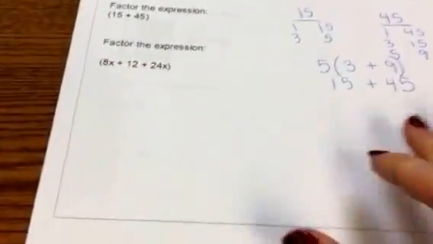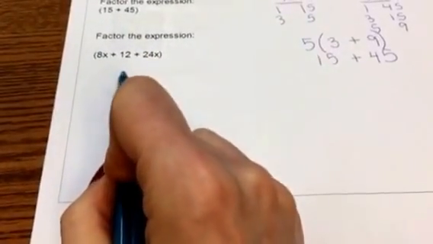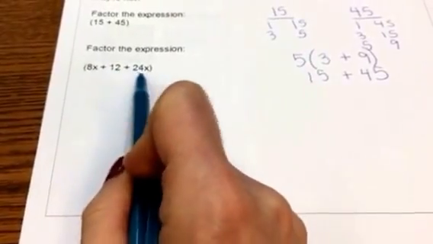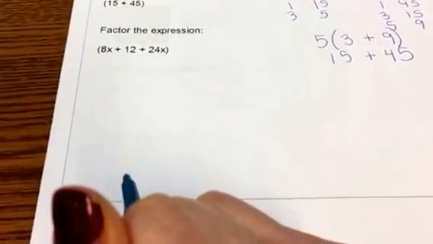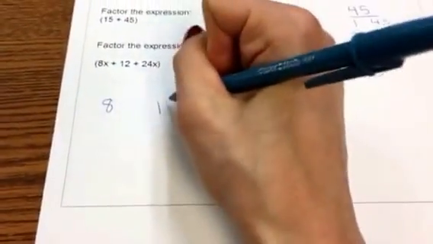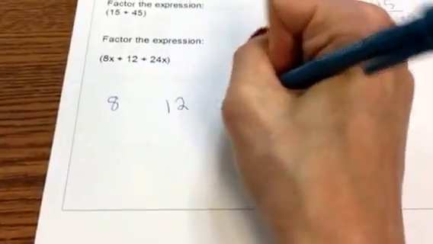Okay. Now my expression is a little bit more complicated. I have 8x plus 12 plus 24x. It's a lot more complicated, actually. So what I have to do is think about my factors of 8, 12, and 24.